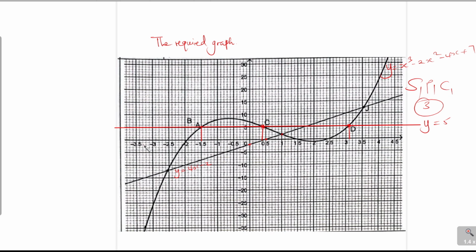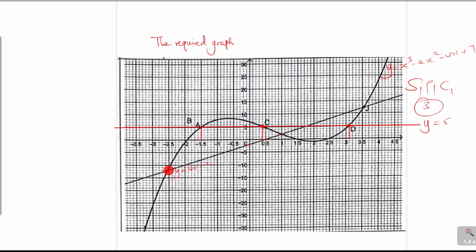So now, to get the solutions using that graph, check where that line intersects with the curve. The first point is here. Then we have another one here, and another one here. You need to read the x coordinates of the points of intersection of that line and the curve.